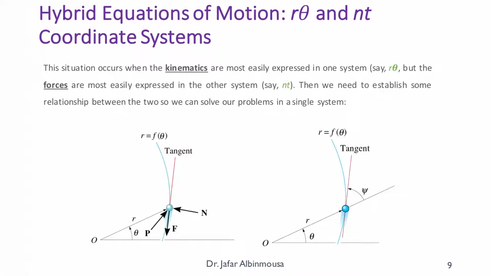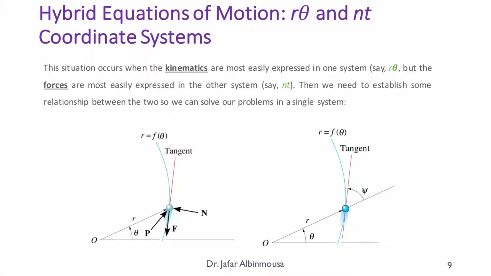Before we move on to solving problems, let me introduce the hybrid equations of motion, which are basically a combination of two coordinate systems, the RT, radial transverse, and the normal tangential.